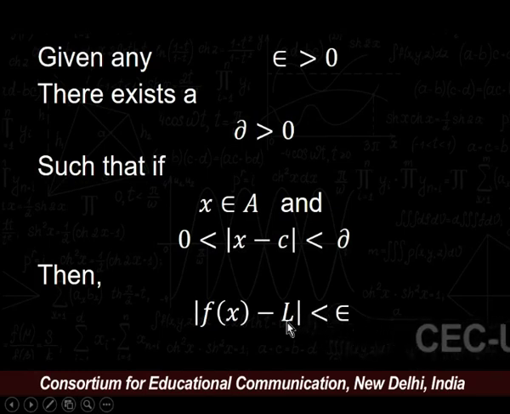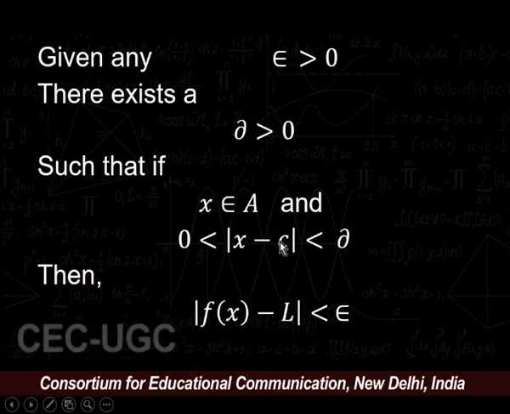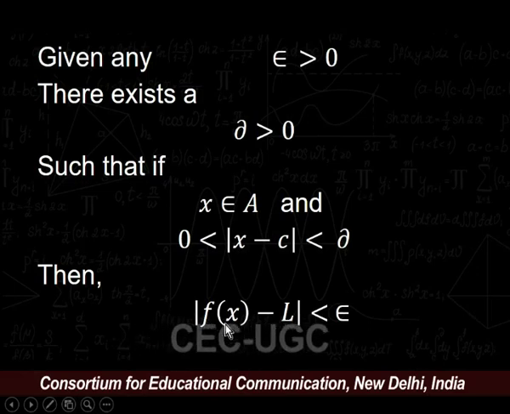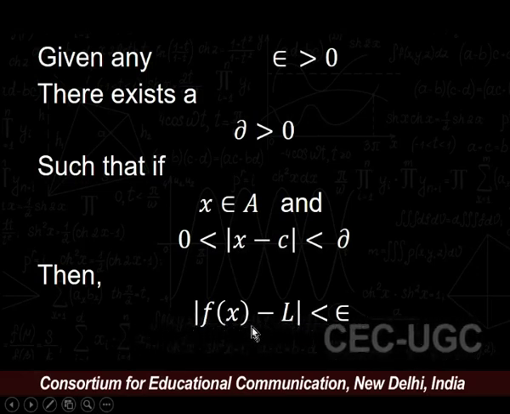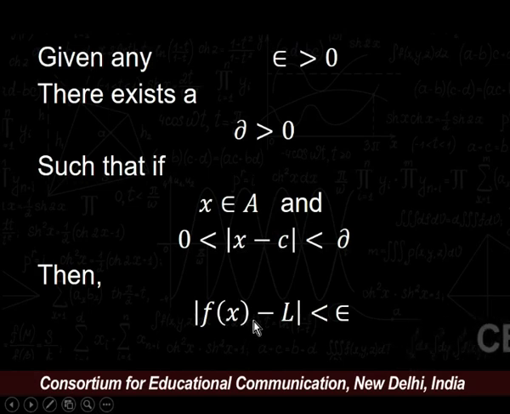In this case, we say L is the limit of f at c, where f is defined from A to the real numbers R, and A is a subset of R.